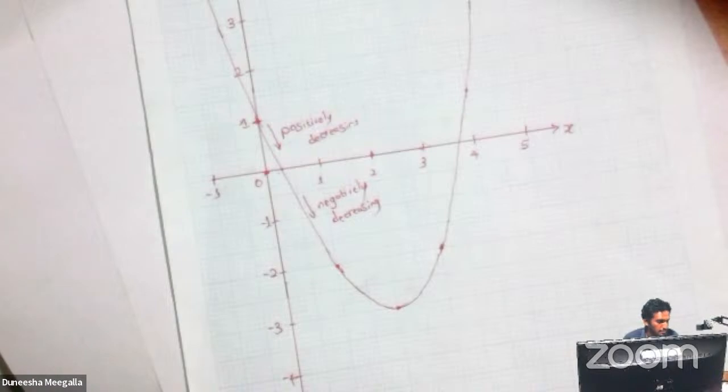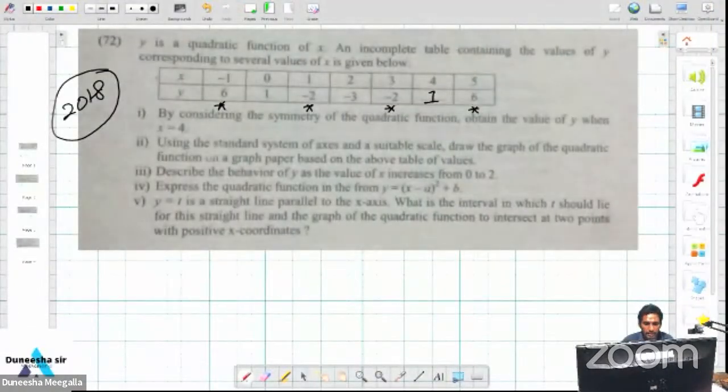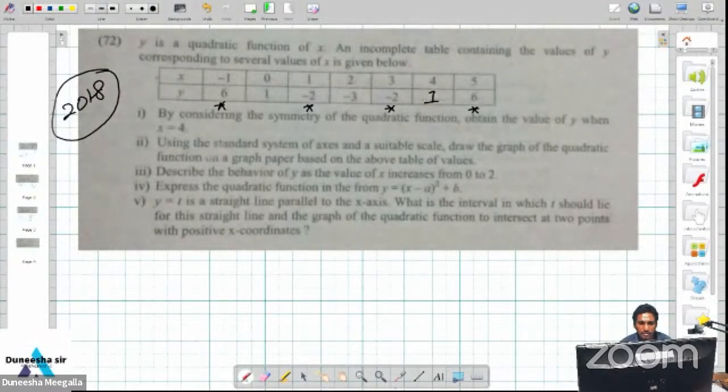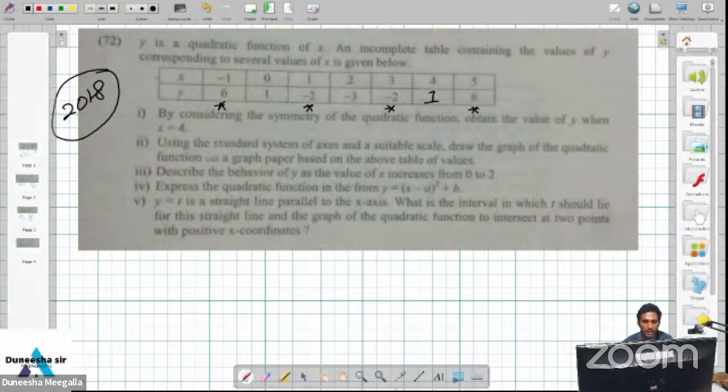Okay? Then the question asks, describe the behavior of y as the value of x increases from 0 to 2. So we have to describe it.